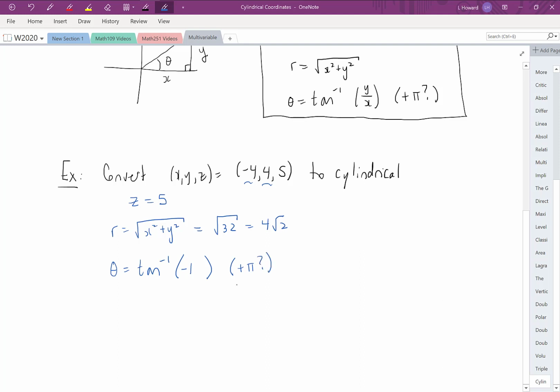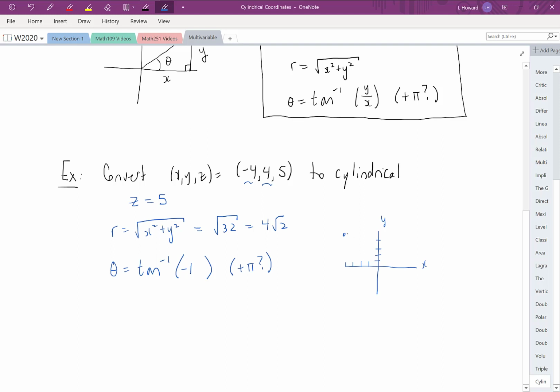So let's draw a picture and understand why we need to have this plus pi question mark on here. Okay, well, we're interested just in the x and y value at this point. So I'm just going to draw our xy plane. And let's think about where -4 is located. So that's sitting over here in quadrant 2.